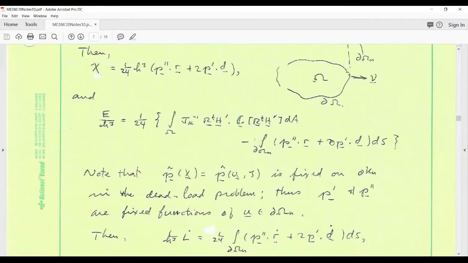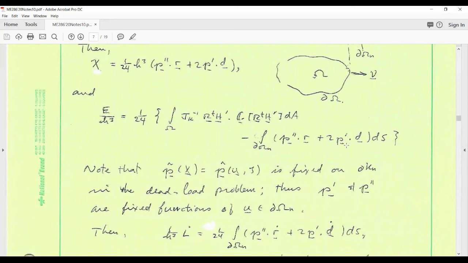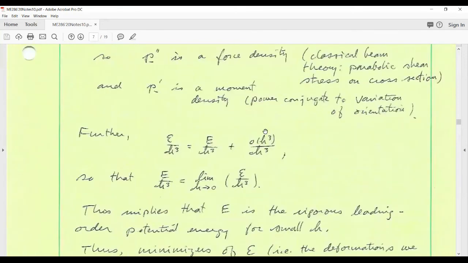The right-hand side doesn't involve h at all. If you take the limit of this as h goes to 0, this disappears. Small o h cubed goes to 0 faster than h cubed as h tends to 0. So this E over h cubed is exactly the limit at small h of the actual three-dimensional potential energy over h cubed.